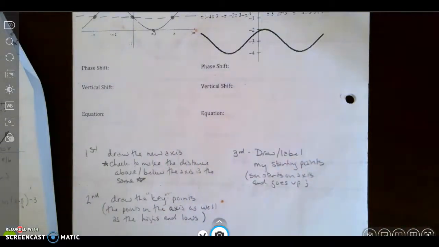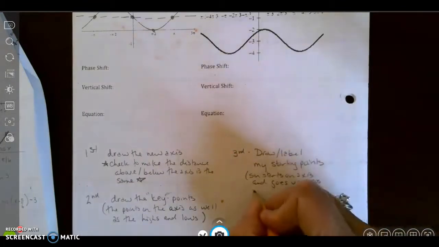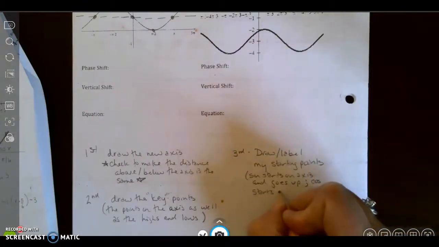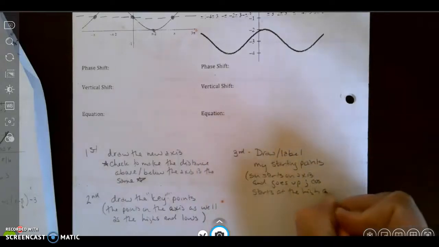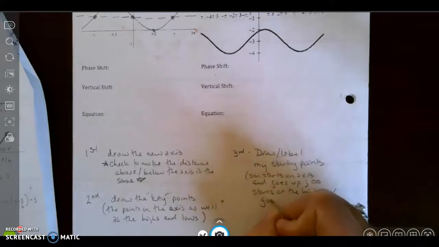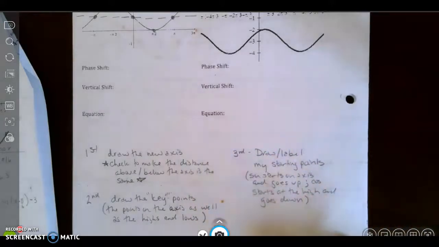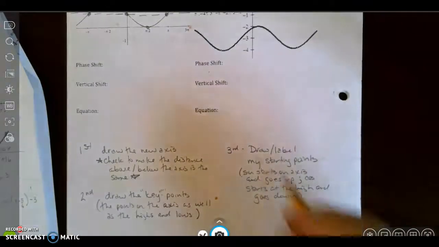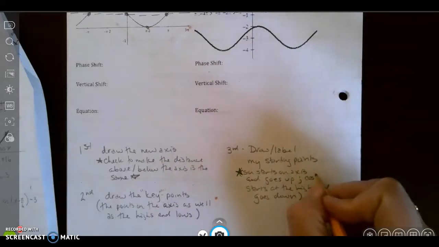And then cosine starts at the high and goes down. Now, I label them differently. I label my sine with stars, and I label my cosine just with this line.